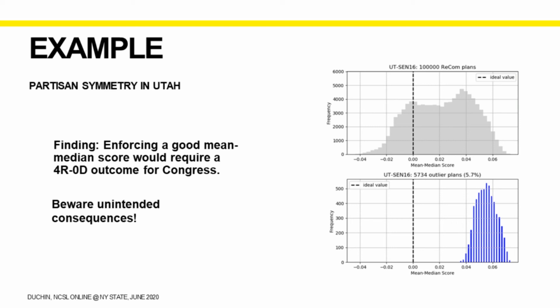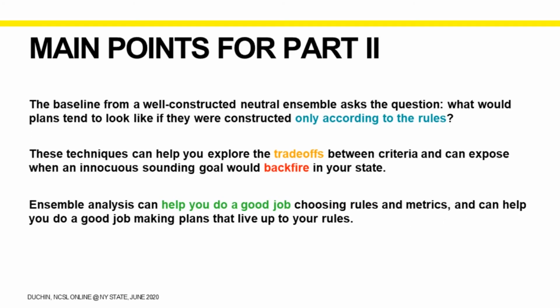So just beware unintended consequences. There are a lot of trendy scores out there, and some that have stood the test of time. But for any kind of score that you might want to use on your map, you're really going to want to understand what's possible in New York State in 2020, 2021. So benchmarking with a method like this will really help you understand those principles.